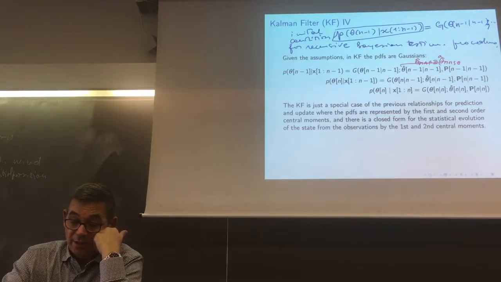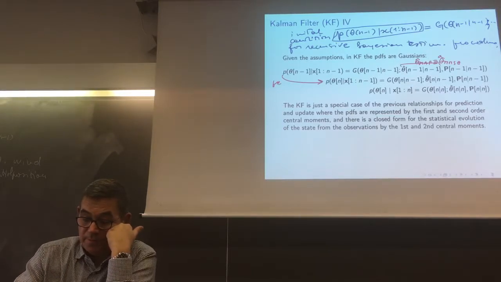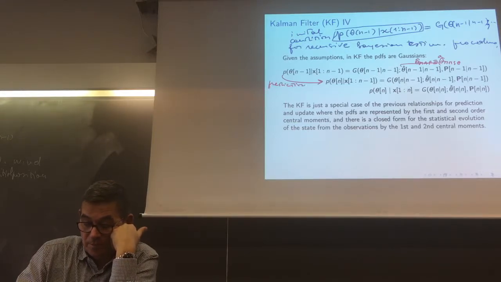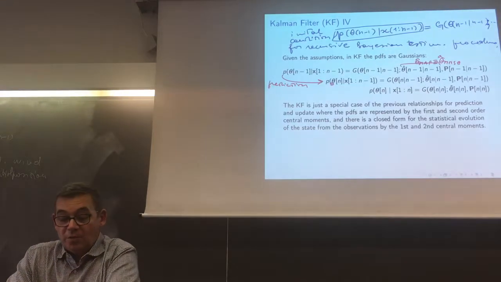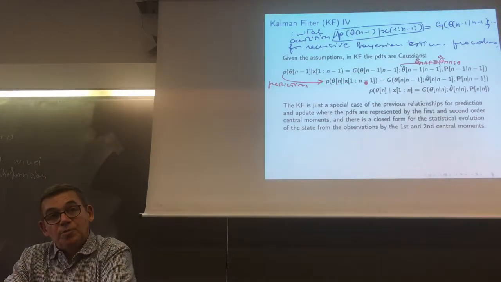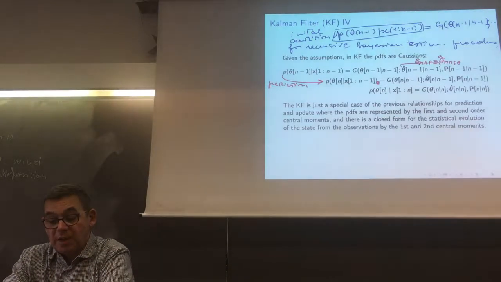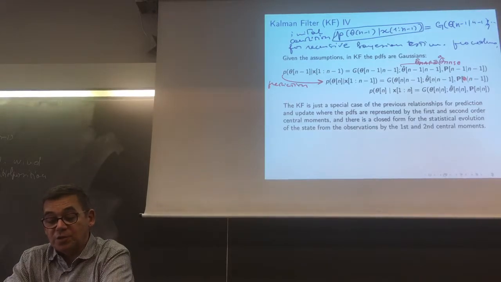Then what I need to get is a prediction. What do I do with the prediction? I want to estimate theta n, given all the observations up to n minus 1. But since everything is Gaussian, I expect this distribution to be Gaussian with a certain mean and a certain covariance. Now the two covariances are different, so the notation is different.